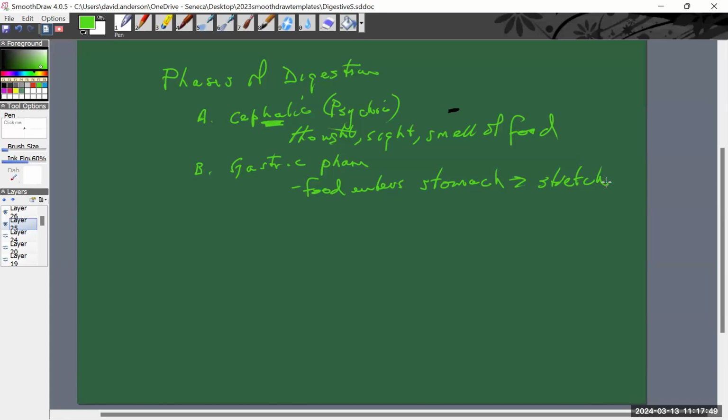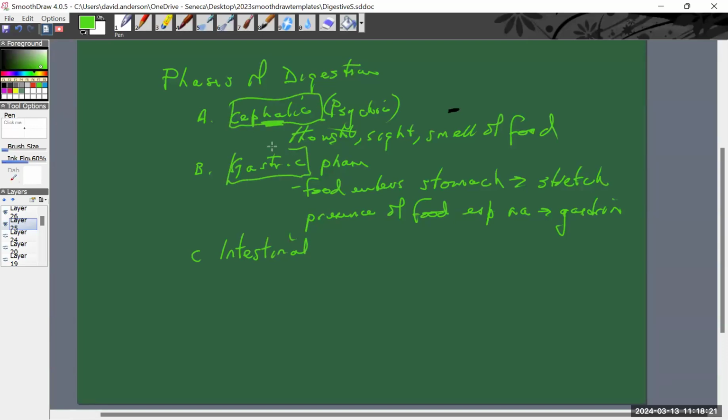So we get stretch in the stomach and the presence of food, especially, is going to promote the production and release of gastrin. Now, then we get the intestinal phase. So we've got a cephalic phase, a gastric phase, and now we're down into the intestinal phase.